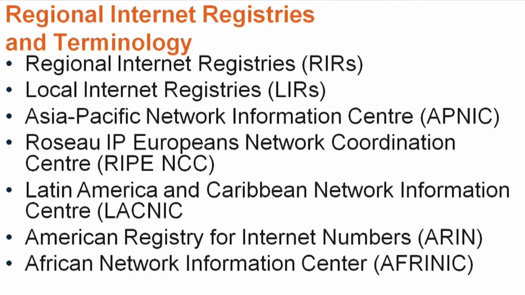So they are Asia Pacific Network Information Center, or APNIC, Reseaux IP Europeens Network Coordination Center, or RIPE, and Latin America and Caribbean Network Information Center, or LACNIC, American Registry for Internet Numbers, or ARIN, and African Network Information Center, or AFRINIC. So those are your sets of RIRs.